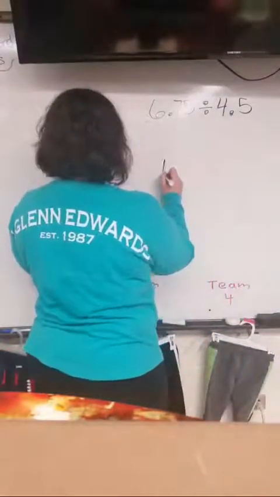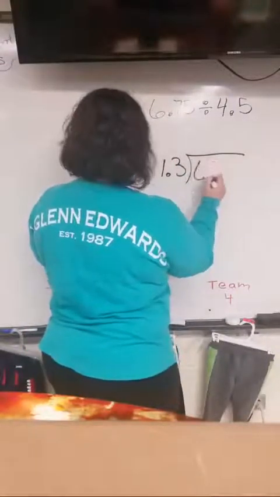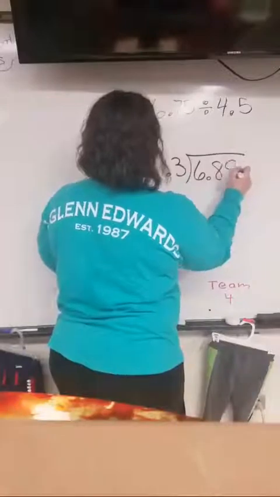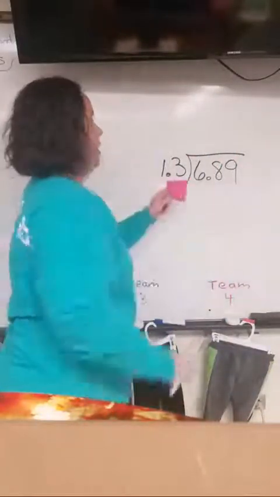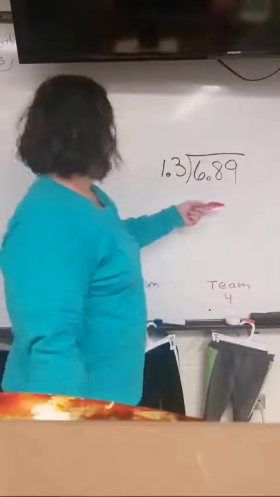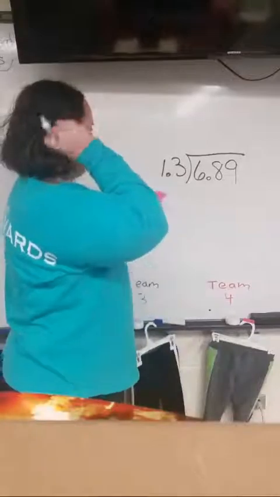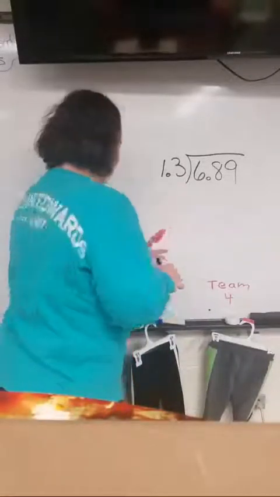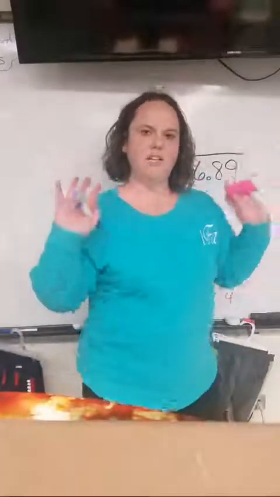We have 1.3 as our divisor, and our dividend is 6.89. So our equation is 6 and 89 hundredths divided by 1 and 3/10. So the first thing I have to do is, if you need to, slide, raise the roof.